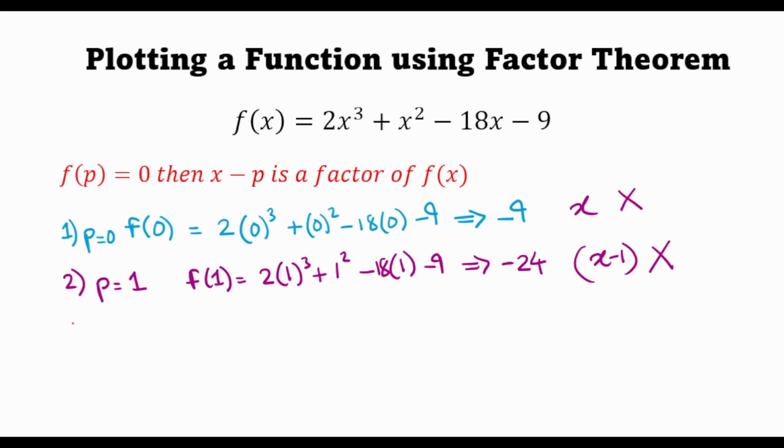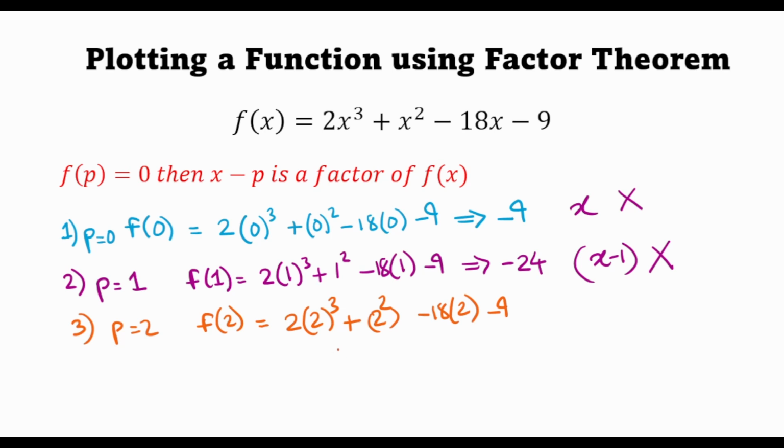Let's go further and try with p equals 2. And f of 2 will be equal to 2 times 2 cubed plus 2 squared minus 18 times 2 minus 9.